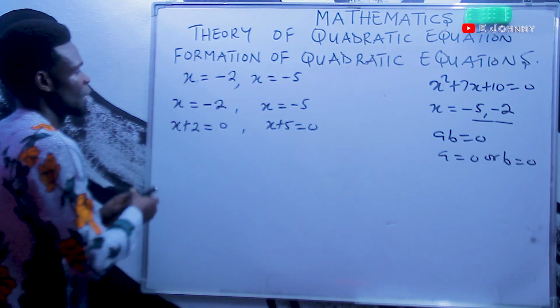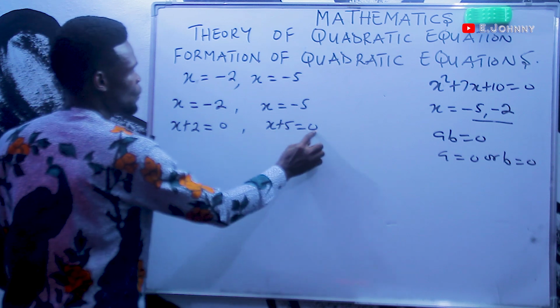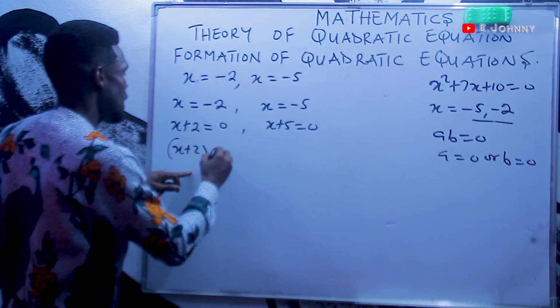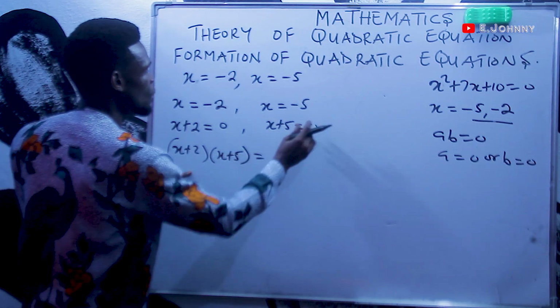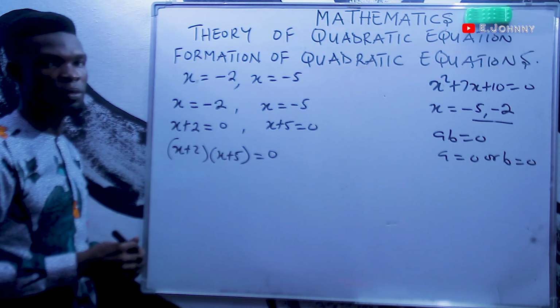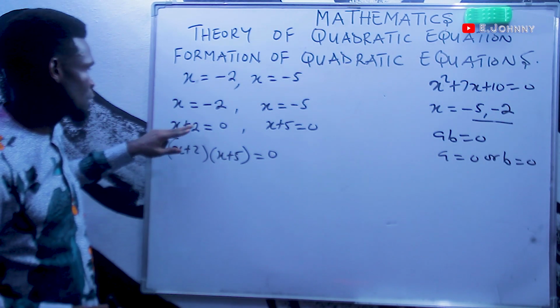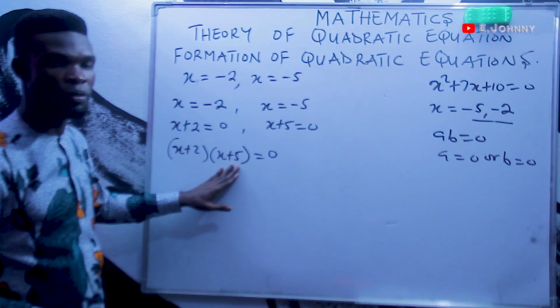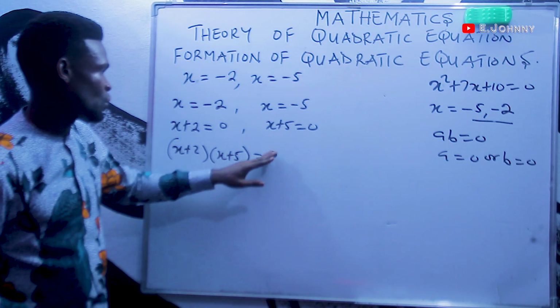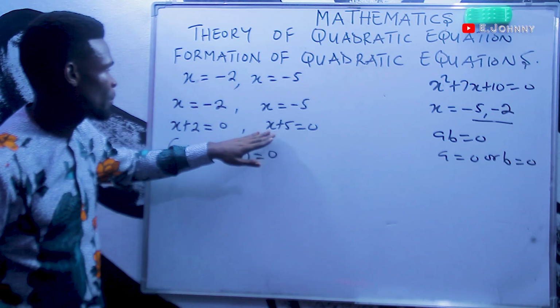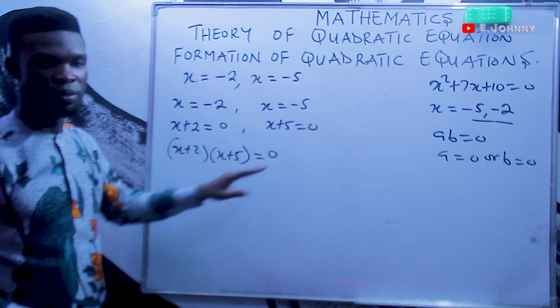So the same thing, since this is equals to 0 and this is equals to 0, it means that I can multiply x plus 2 and x plus 5 to be equals to 0. Recall that if the product of two things is equals to 0, either the first is equals to 0, or the second is equals to 0, as we can see. So multiply this and equate it to 0.